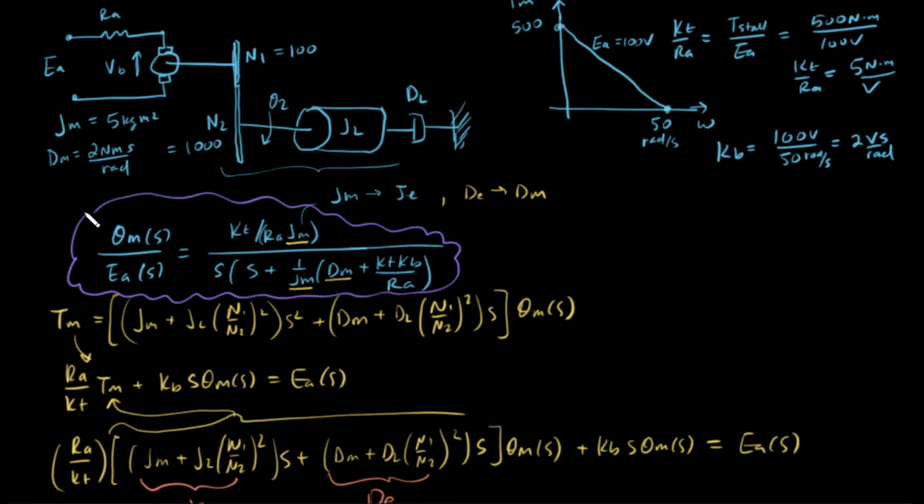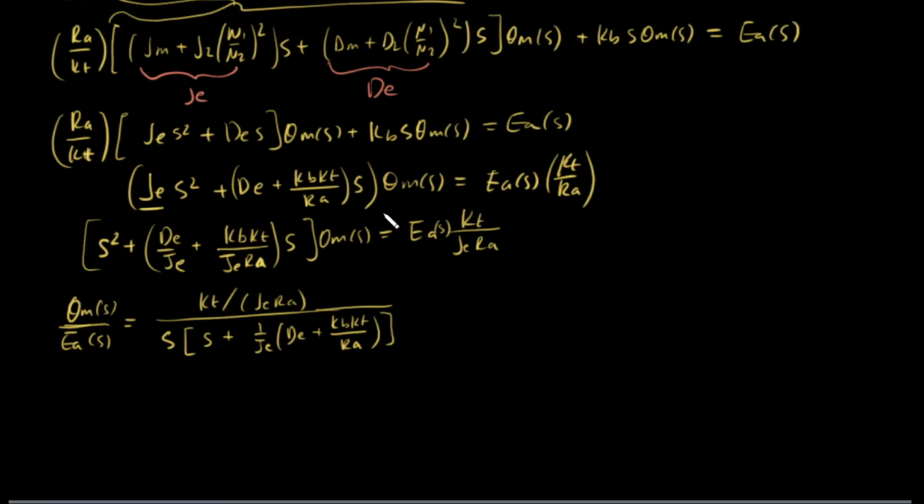But what we did is we took this whole connected portion and reflected it, then replaced the JM terms from the motor with the JE terms and the DM terms with the DE terms. And we got the exact same expression down here, where instead of the JM here, we have JE, and instead of the DM, we have DE.